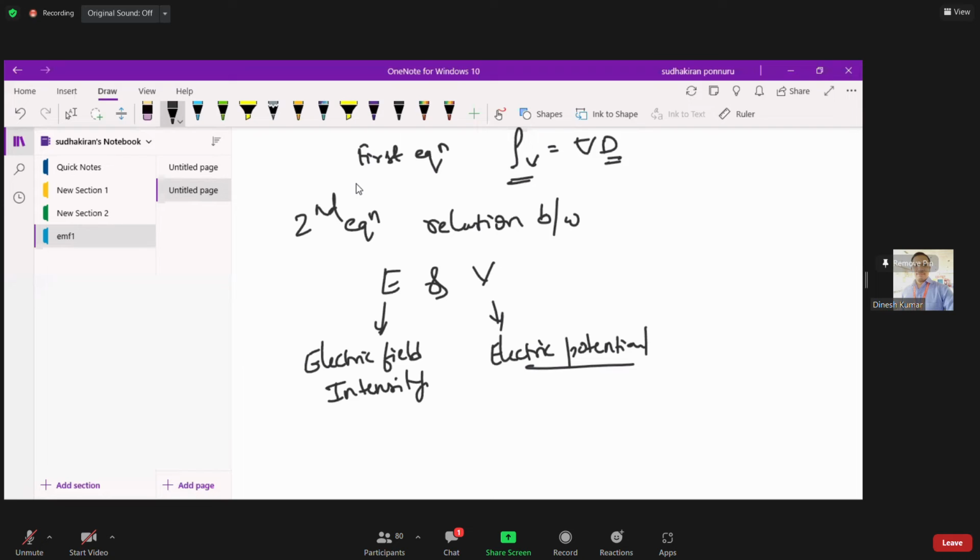Now we are going to obtain the relation between E and V. As I told you, all the Maxwell's equations are related with the del operator. So here also we relate the electric field intensity and electric potential with the del operator. We are going to derive the relation between these two parameters right now.